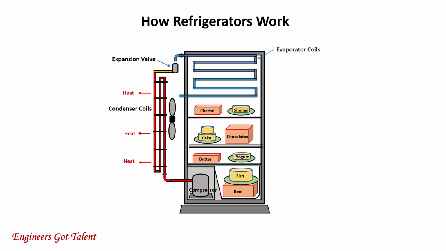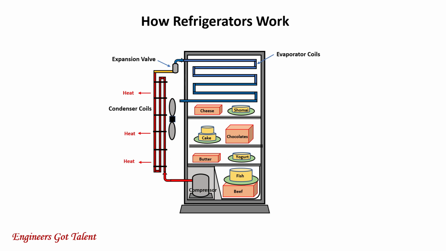The refrigerant then enters the evaporator coils to pick up the heat from anything inside the fridge. The refrigerant absorbs the heat given off by the things inside your fridge. This makes all your food items refrigerated either at the fridge area or at the freezer.